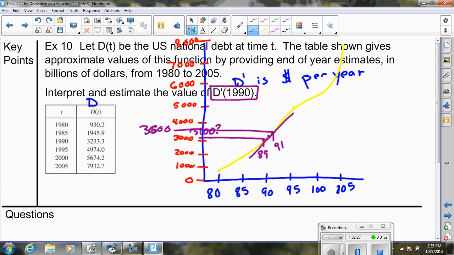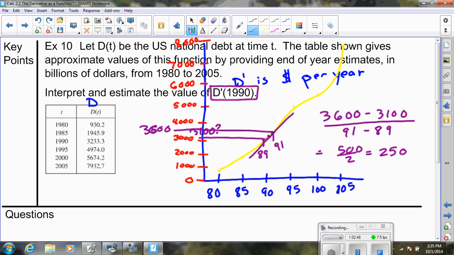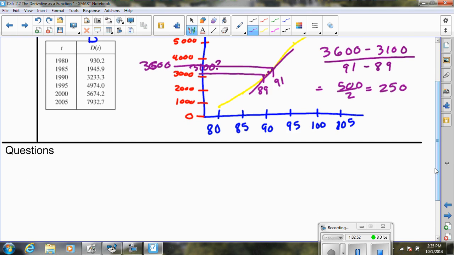And so this gives me my x values. It gives me my y values. I could calculate the slope, 3,600 minus 3,100 over 91 minus 89, which would give us 500 over 2, which is 250. And so there's our rough estimate answer. We have the derivative at 1990 was about 250.